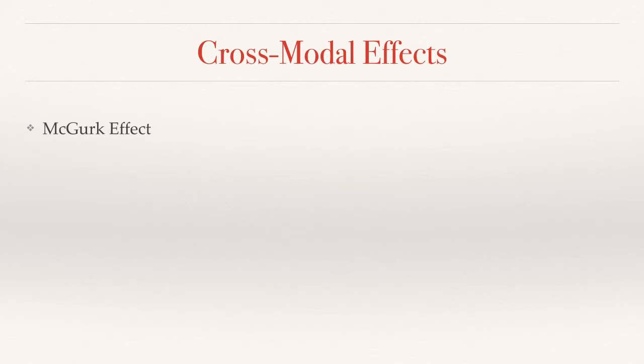Ba, B-A, ba, B-A. So you get the idea. But the video which the sound is paired with and which the person is watching shows a video of that same person but saying a different phoneme. So they're not saying B-A, ba. They're saying ga, G-A, ga.